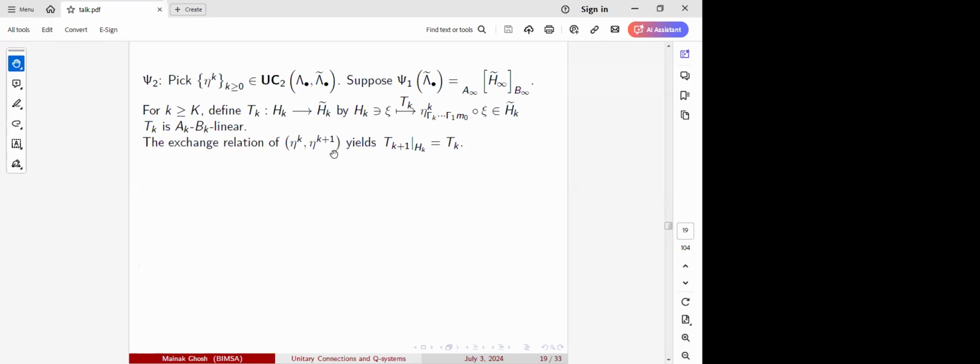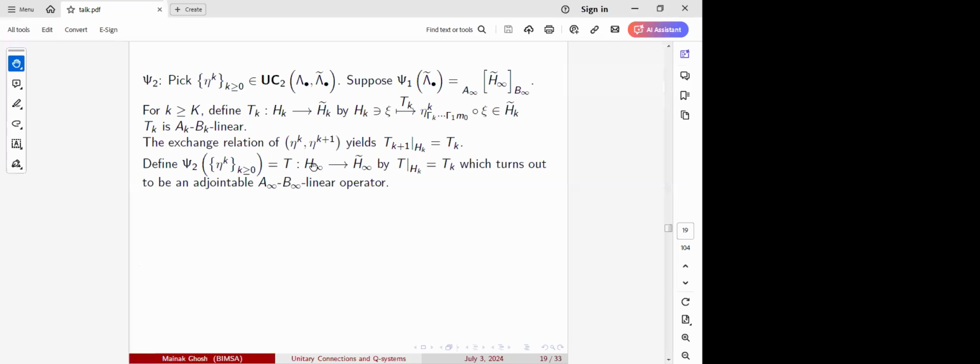exchange relation of eta_k and eta_{k+1} will yield that T_{k+1} restricted to H_k is given by T_k. And we define psi_2 of this two cell eta_k to be the operator T from H infinity to H infinity tilde, where the map T restricted to H_k is given by T_k. And it turns out that T will be an adjointable A infinity-B infinity linear map.